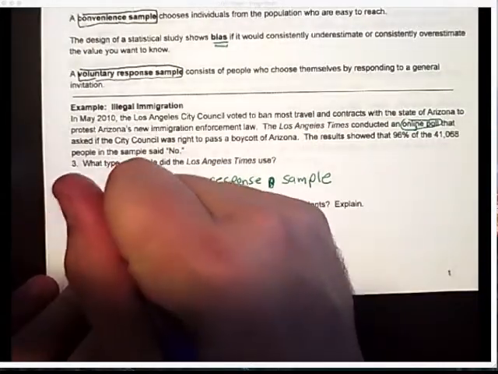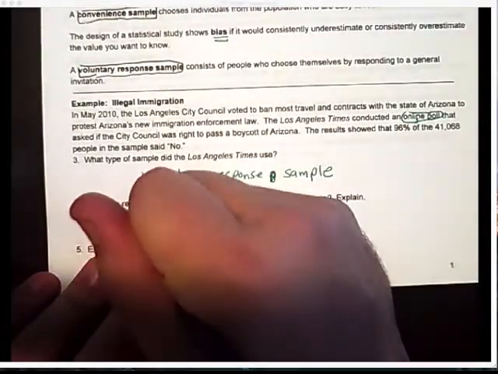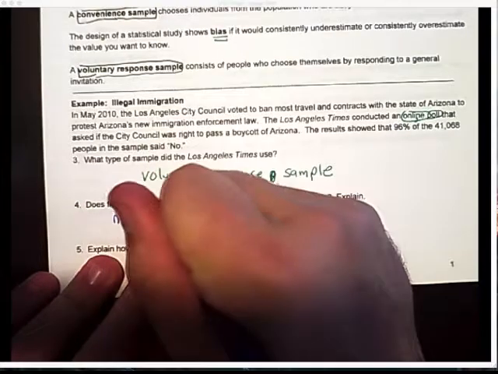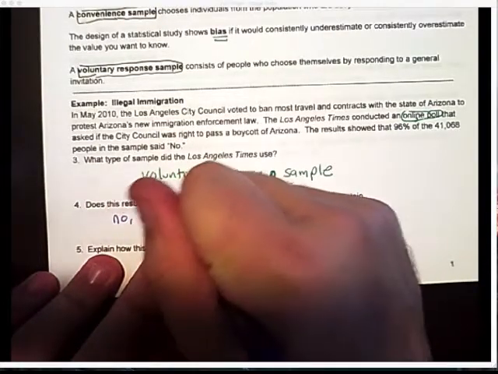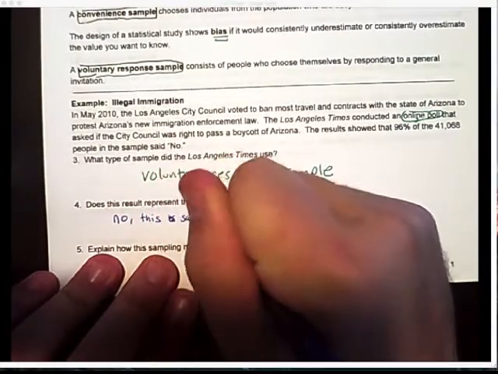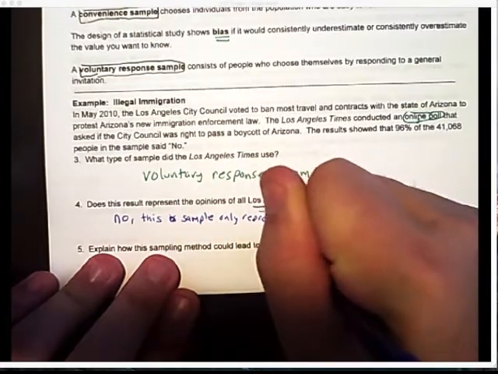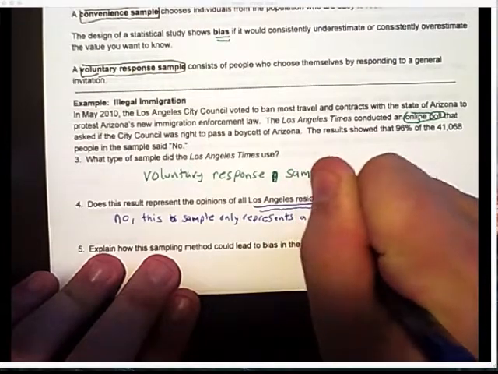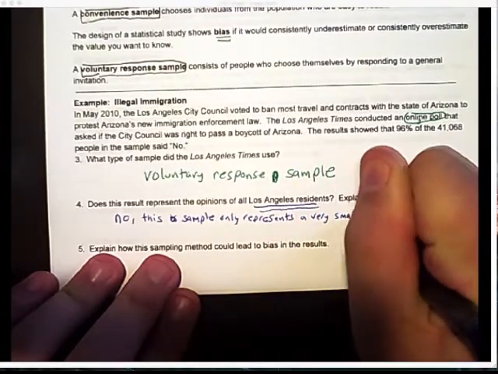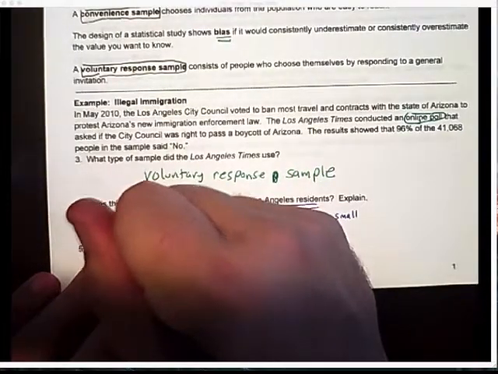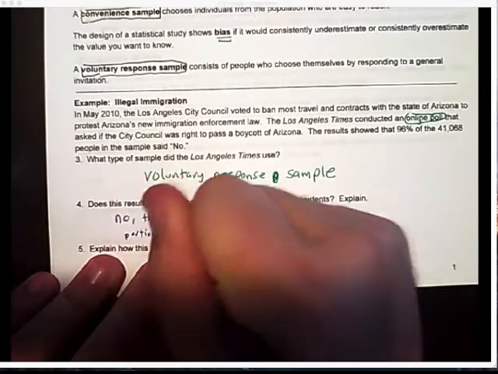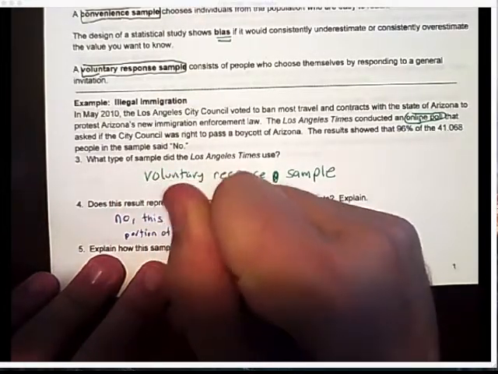So we could say no. This sample only represents a very small portion of LA residents.